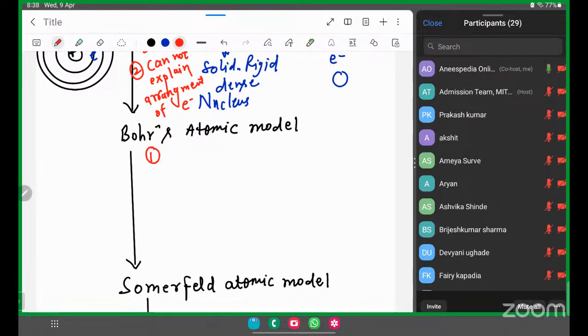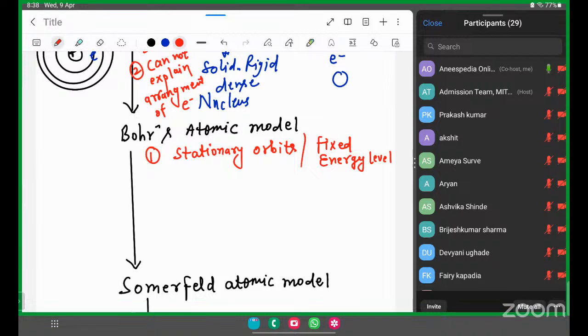The first postulate is electrons revolve around the nucleus in stationary orbits, or fixed energy levels. What is it? This postulate states that if electron is revolving in a circular orbit around the nucleus, its overall energy will be constant, which means it will neither absorb nor radiate energy.